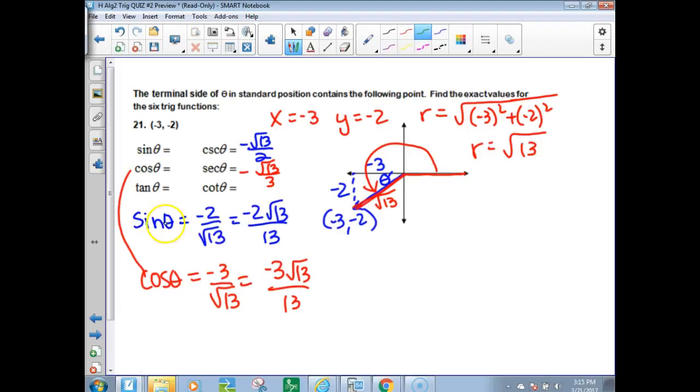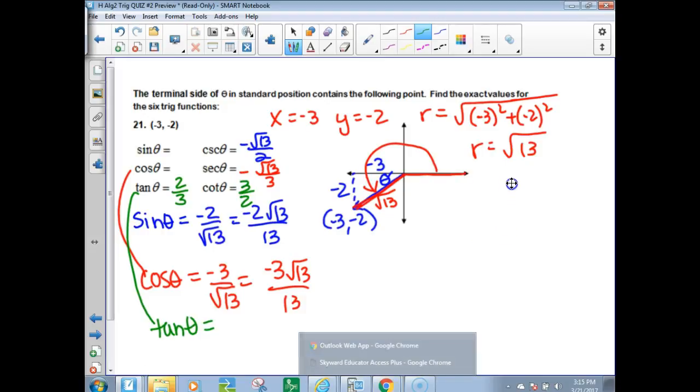Finally, the tangent of theta is just, oh, those are easy. Opposite over adjacent, that's going to be 2/3. And then the cotangent is 3/2.